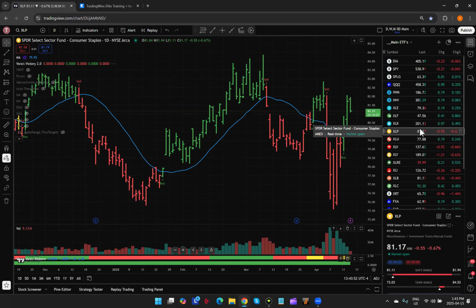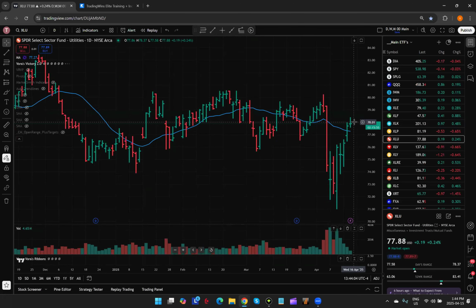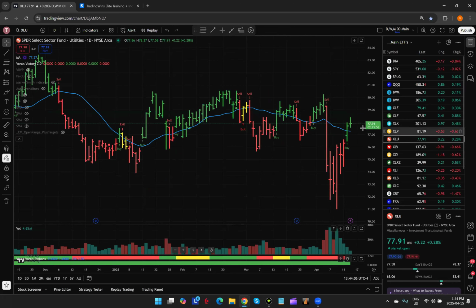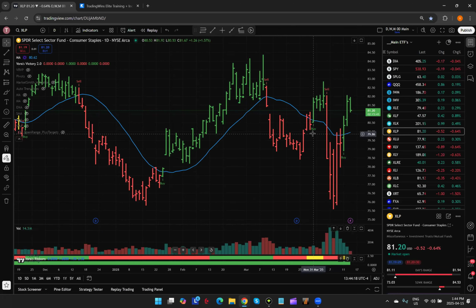There are two sectors that have been acting a little better than the others. And that is consumer staples, XLP here, which is actually above the 20, and utilities, which is barely above the 20. Now, before this drawdown started, we were close to clearing a level on the highs where we should have started making a nice move higher. But when panic sets in, everything gets sold.